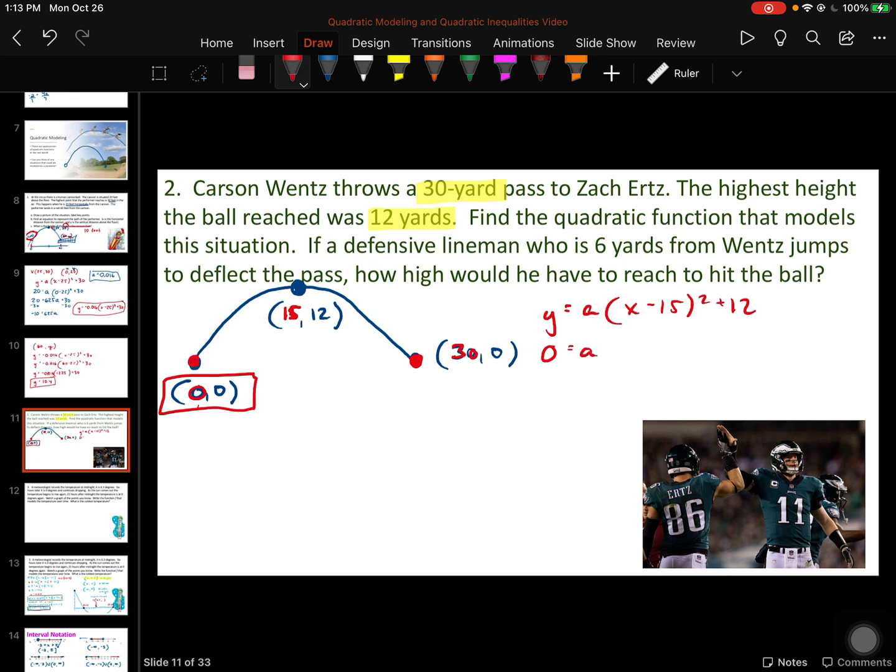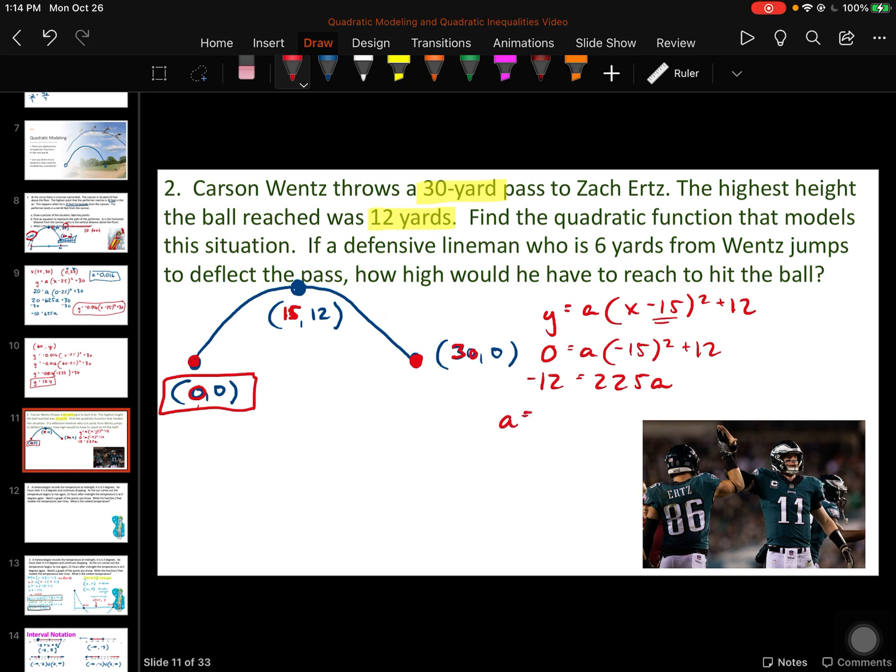I get 0 equals a times negative 15 squared plus 12. Negative 15 squared is 225. So I'm going to subtract over 12. Negative 12 equals 225a. I'll let you get a decimal for this. Negative 12 divided by 225.